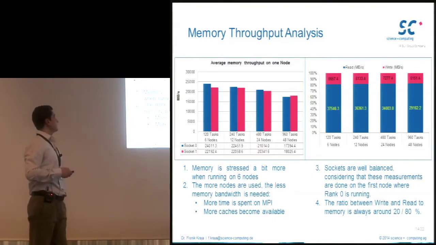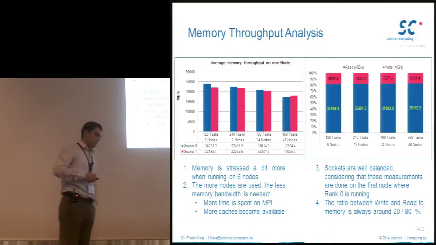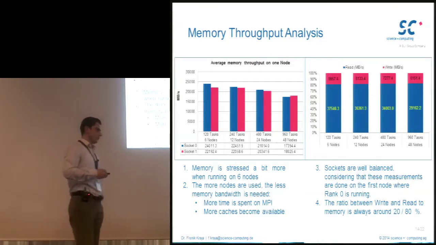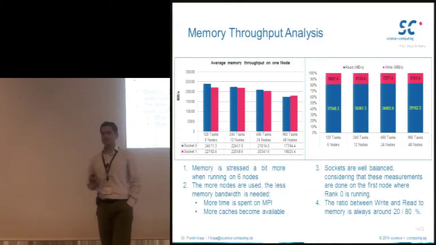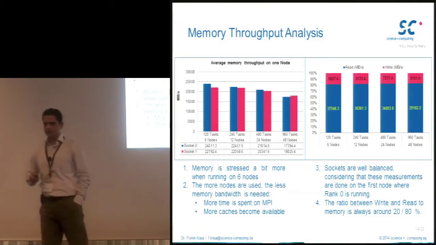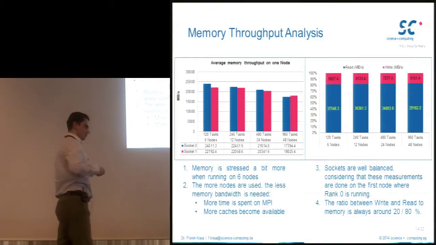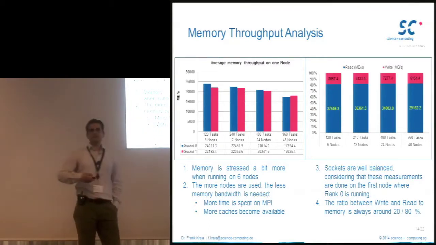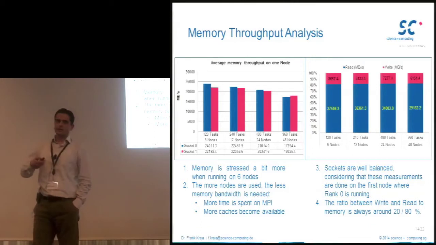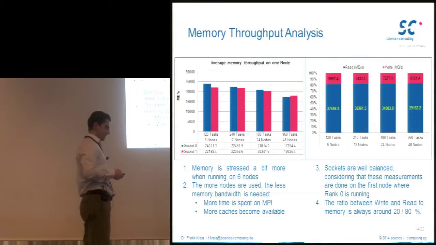So we did first the memory throughput analysis, and we measured the memory throughput with Intel PCM tools. It's just a simple tool that measures the throughput from each socket to the main memory on a second basis. This is not too much, but once again it gives you an overview of what's happening with the application.